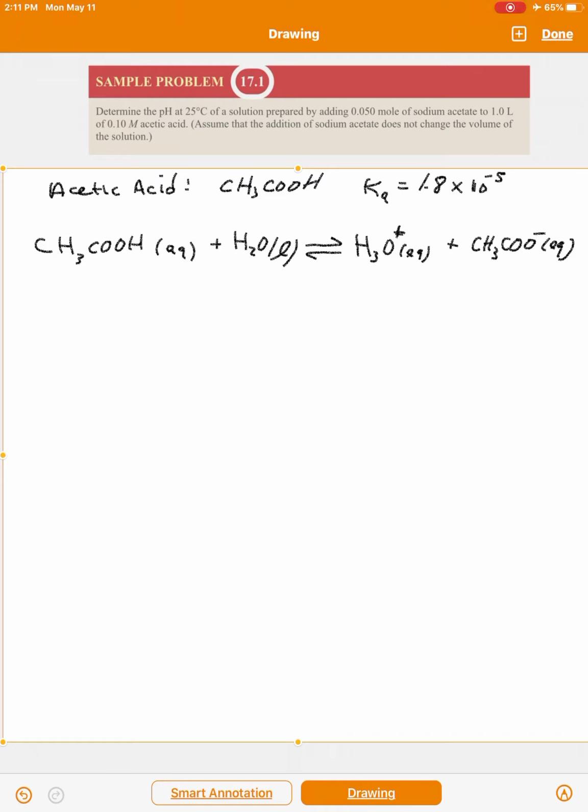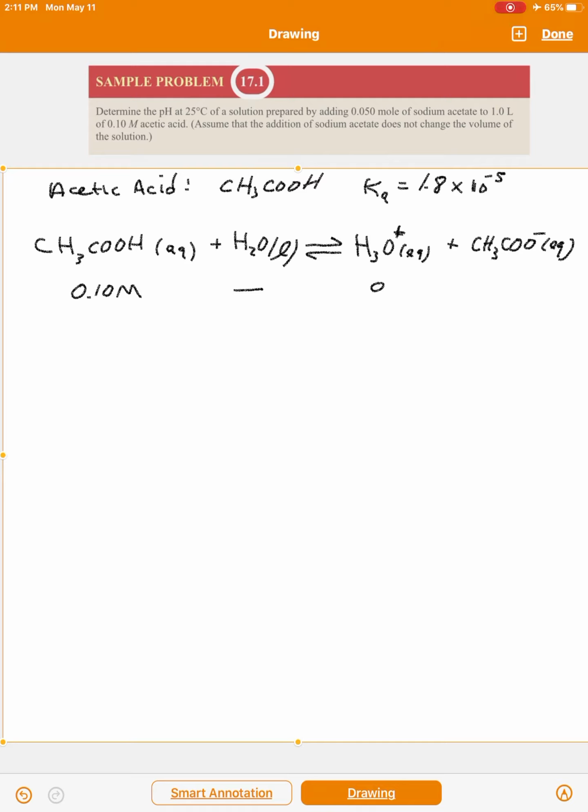So let's put in our initial concentrations. Our initial concentration here is 0.10 molar. This is initially 0, but the acetate now is no longer 0. That's an important aspect of this.